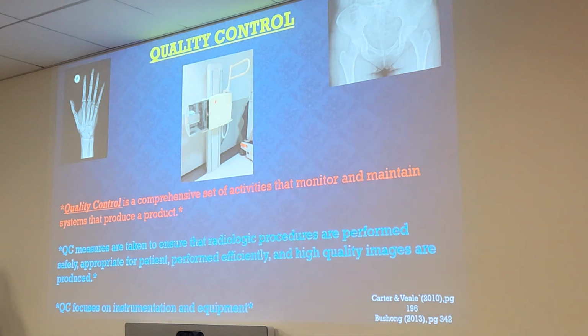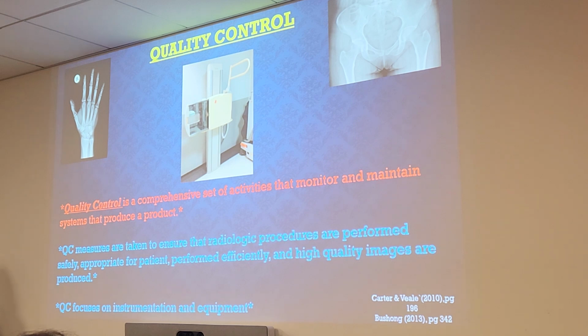So, quality control. It is the comprehensive set of activities that monitors and maintains systems that produce a product. In this case, our product will be the image that's produced from the X-ray machine, the equipment. QC measures are taken to ensure that radiologic procedures are performed safely, appropriate for the patient, performed efficiently, and high-quality images are produced.